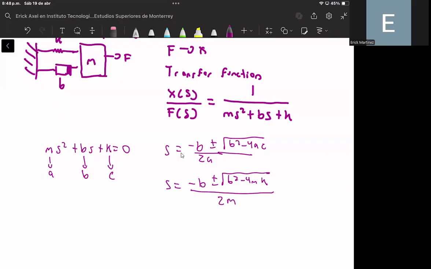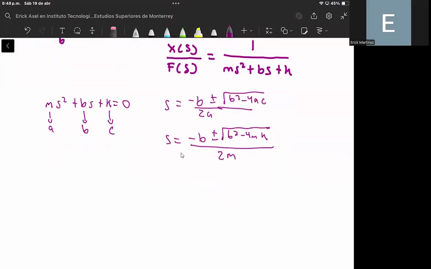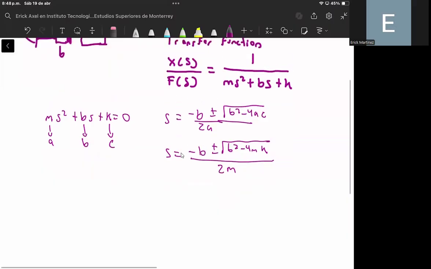And this is the roots of the polynomial. Here I am using an algebraic expression for the roots because I don't know the value of the coefficients, but I can use values for m, b, and k for this polynomial in order to solve this algebraic expression.